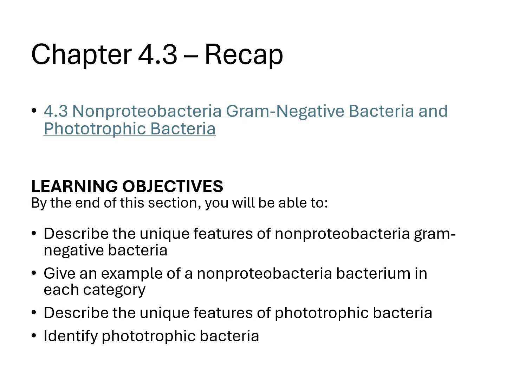All right, let's recap section 4.3, looking at unique features of non-proteobacteria, gram-negative bacteria. These are not part of the Proteobacteria phylum, but they're still gram-negative. We had pretty diverse groups: chlamydia, spirochetes, the CFB group, and planctomycetes. These were pretty adapted to specialized environments.